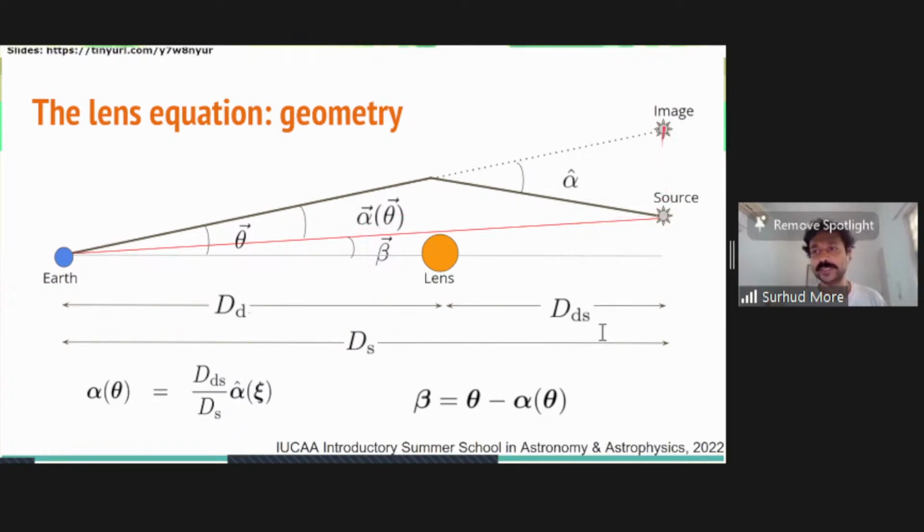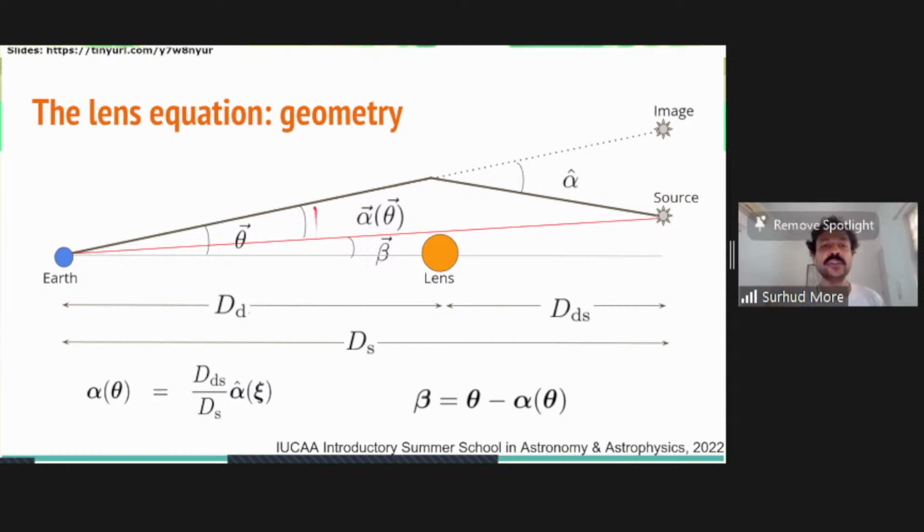But this distance between the image and the source is also equal to the distance between the lens and the source times this angle alpha hat. And so you see alpha hat times Dds, which is the distance between the lens or the deflector and the source, is equal to Ds times alpha. Right? So this new alpha is called the scaled deflection angle.